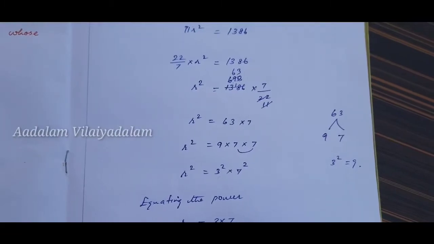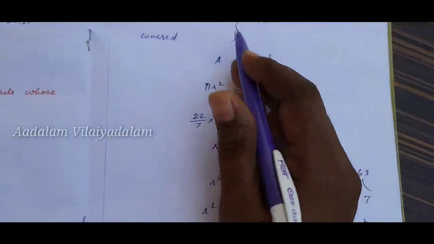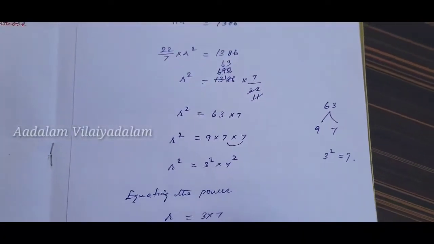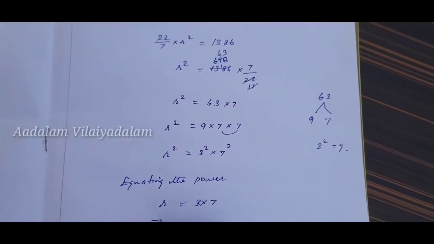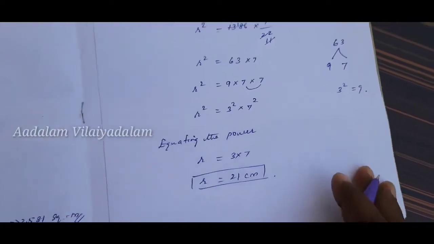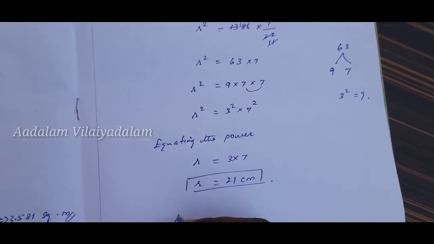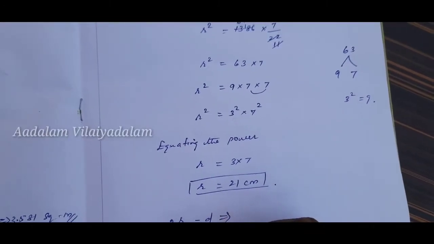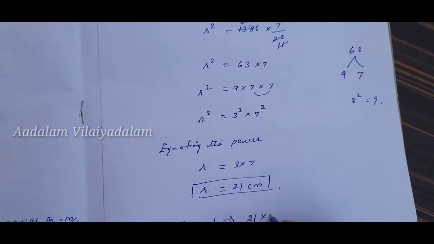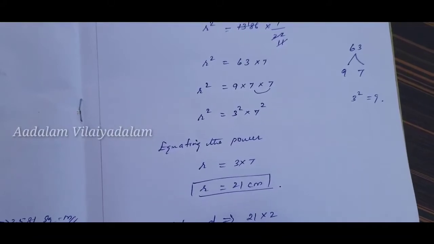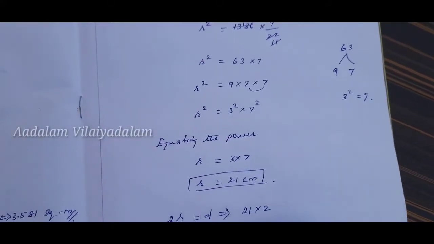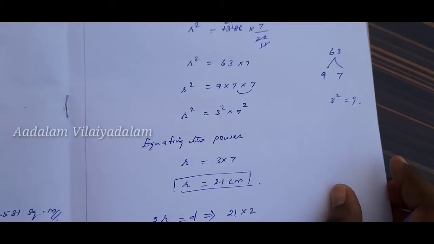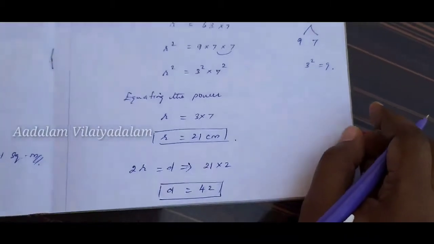Therefore r equal to 21. So the given measure is centimeter. So we got a radius value 21 centimeter. Two times radius is equal to d, isn't it? So therefore 21 into 2 we will get d equal to 42, which is the diameter of this area which is covered by the sprinkler.